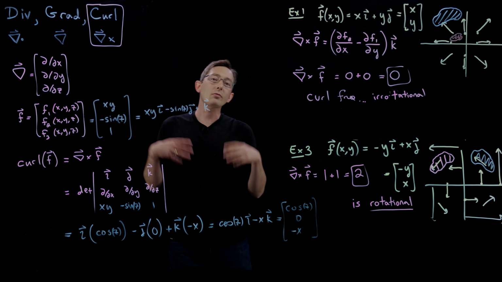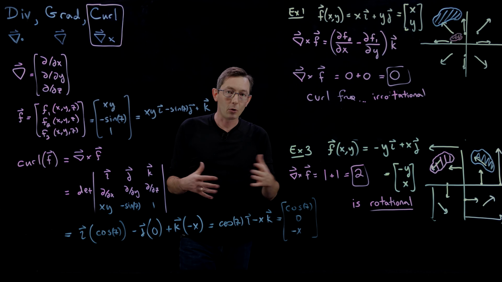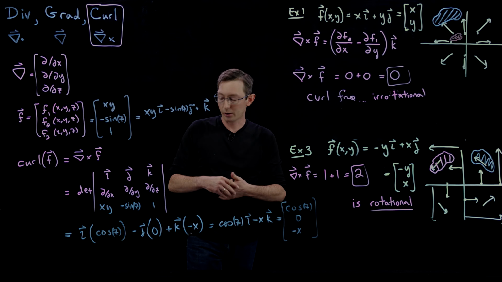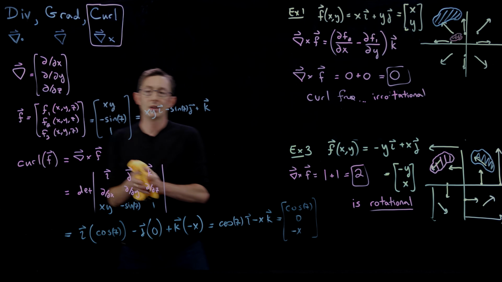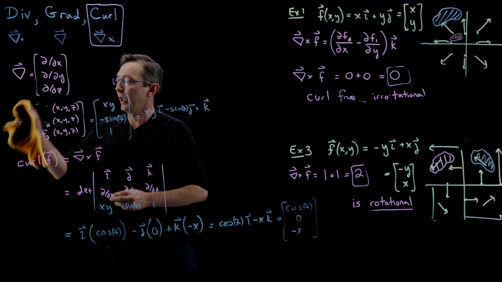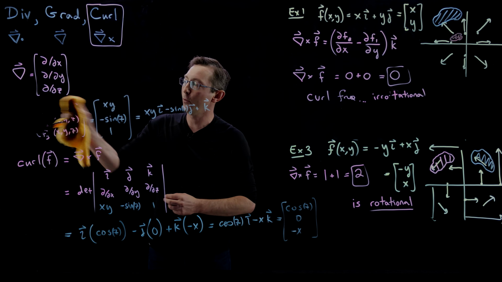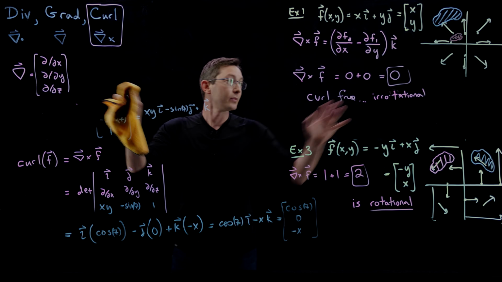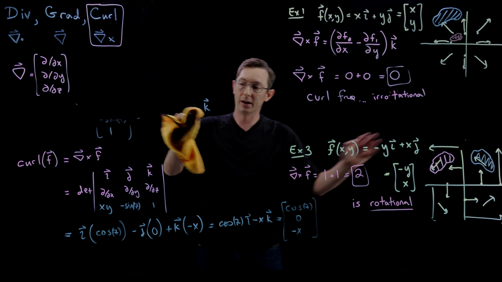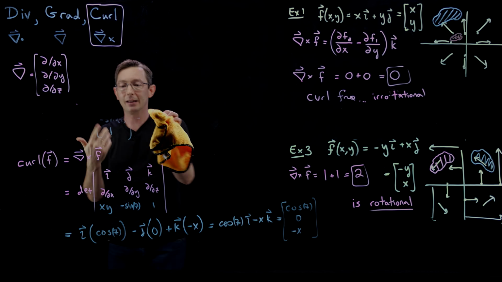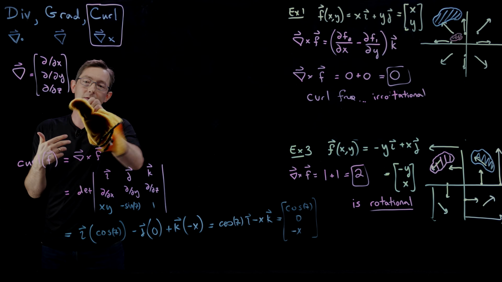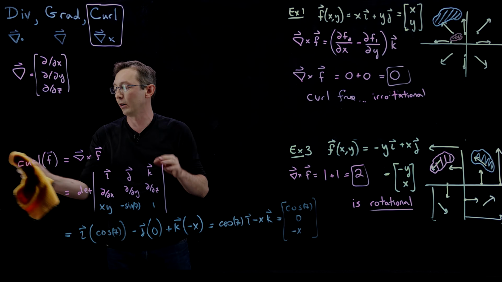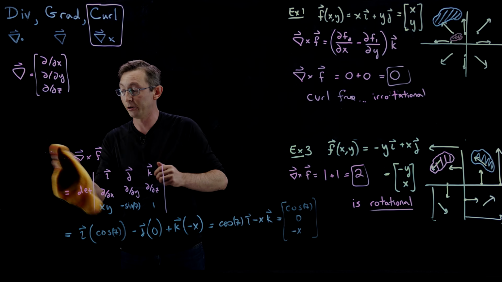Now, I want to give you a little more intuition for how you can use this curl. Maybe I'll show you how we can interpret curl for something like a solid body rotation. I think of this as a fluid flow, like the vector field you would see if you looked at the Gulf of Mexico, or if you turned on the faucet in your sink or bathtub.